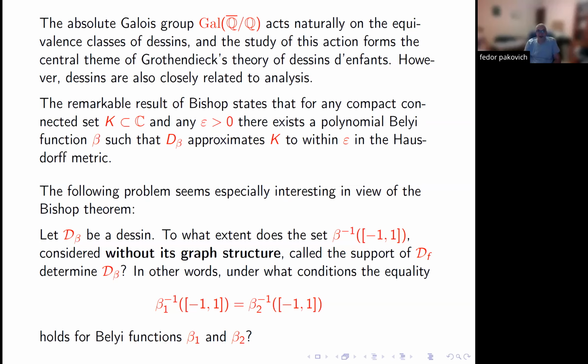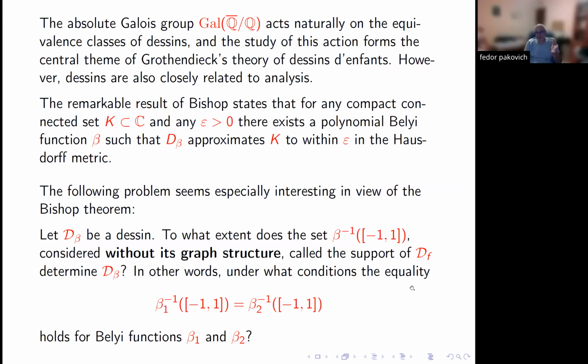And especially in view of this result of Bishop, the following problem seems to be interesting. Assume that we have a dessin. Again, a dessin is a graph, but it is also something which already exists inside of our sphere. So to what extent does the set, this preimage itself, considered without graph structure, which we call the support of the dessin, determine the dessin?